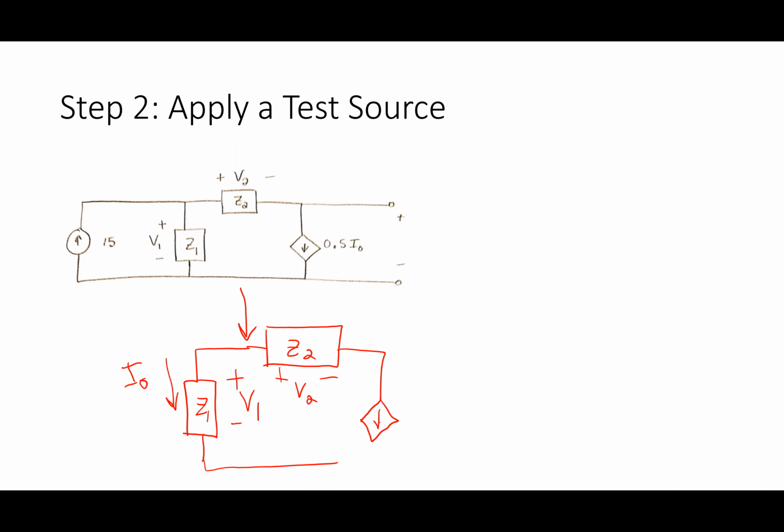Here's that dependent source, 0.5 I naught. And I'm going to apply a test source here. Like that. Now, I'm going to say I put a 1 volt test source on there.